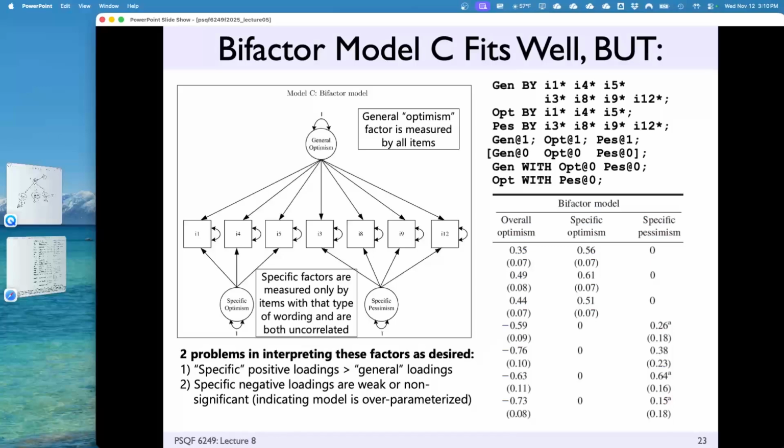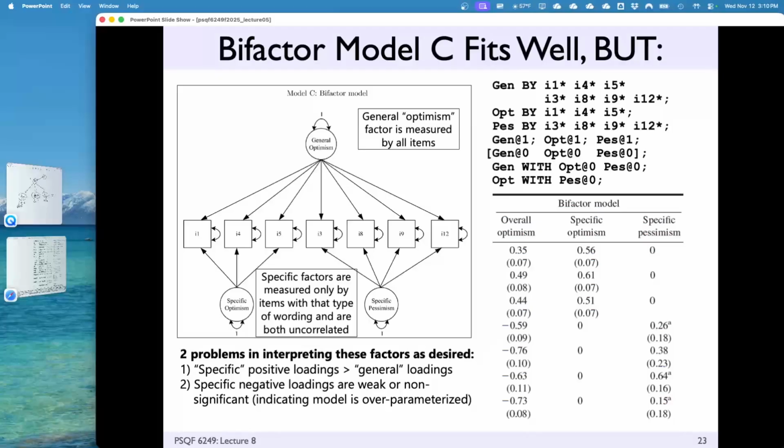And then in the 1950s, Schmid and Leiman wrote a famous paper that described how the bifactor model and the higher-order factor model were interrelated under certain conditions. Both of these models have been around, but bifactor models had a resurgence of popularity in the 90s.